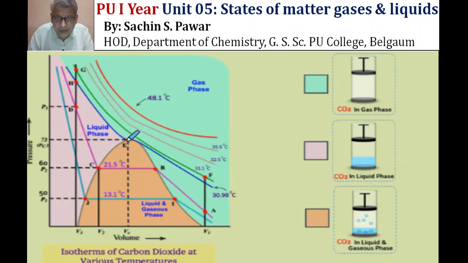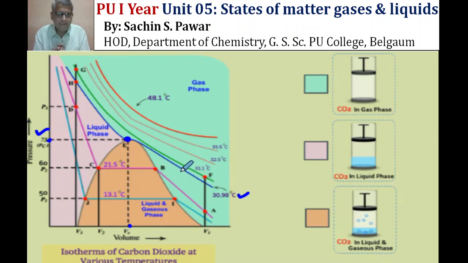So here we have a temperature of 30.98, a pressure of 73 atmosphere, and the volume Vc, and this is called critical temperature, critical pressure, and critical volume.